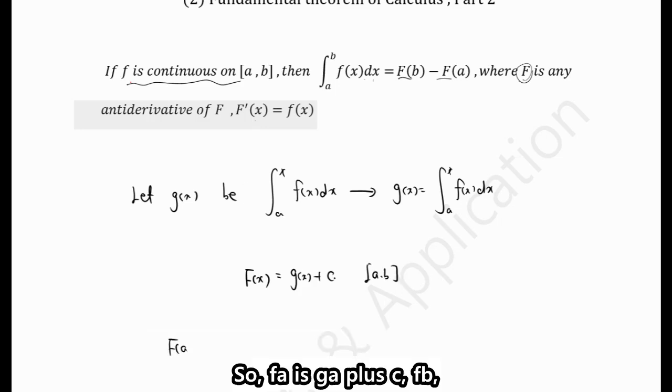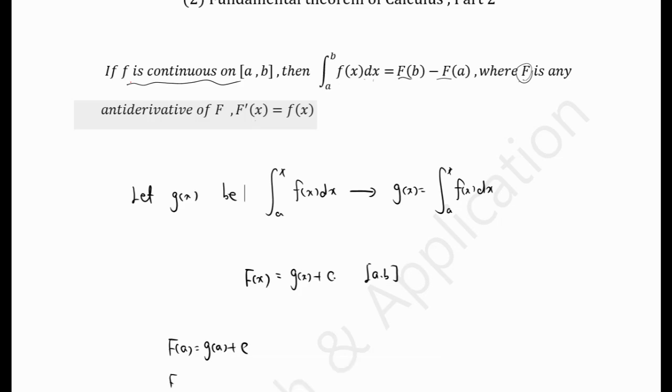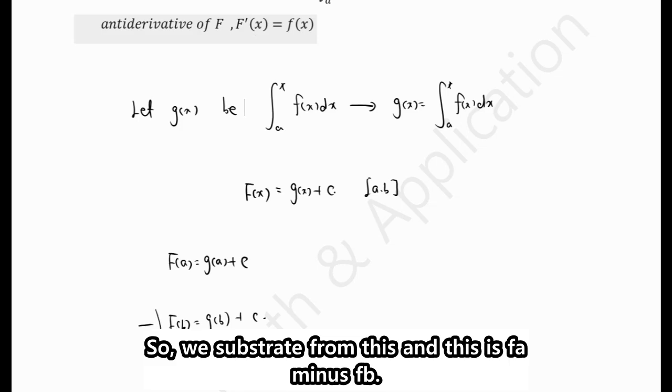So F(a) is g(a) plus c, and F(b) is g(b) plus c. So we subtract, and this is F(b) minus F(a).